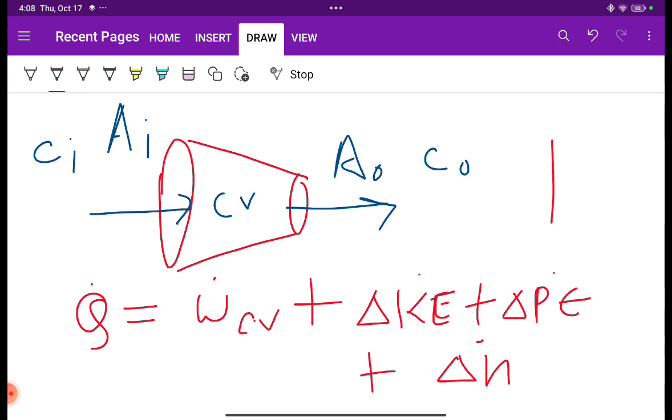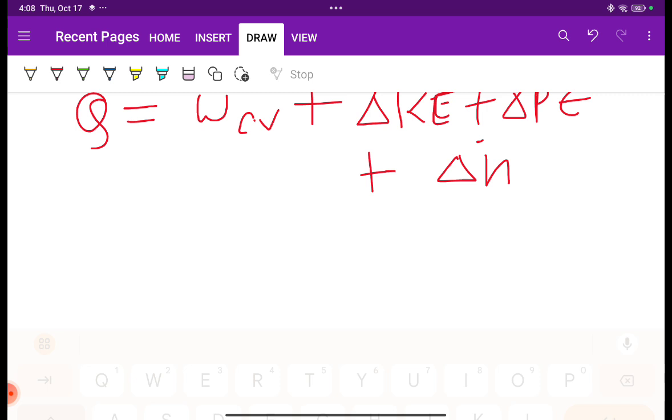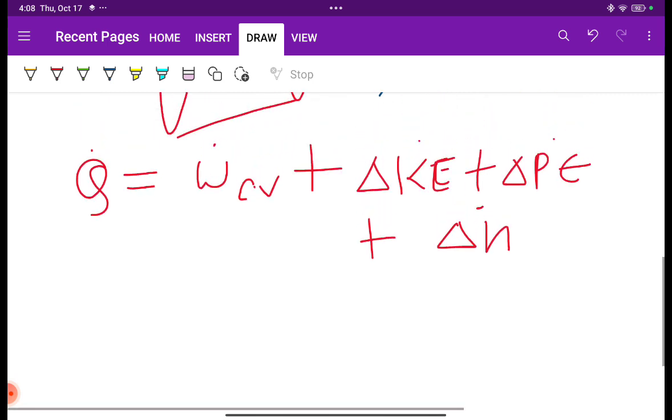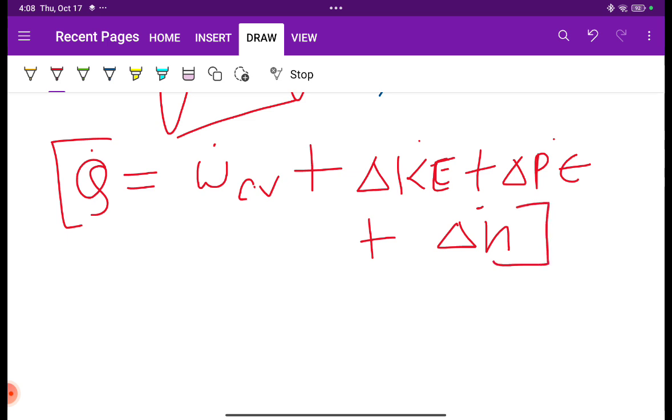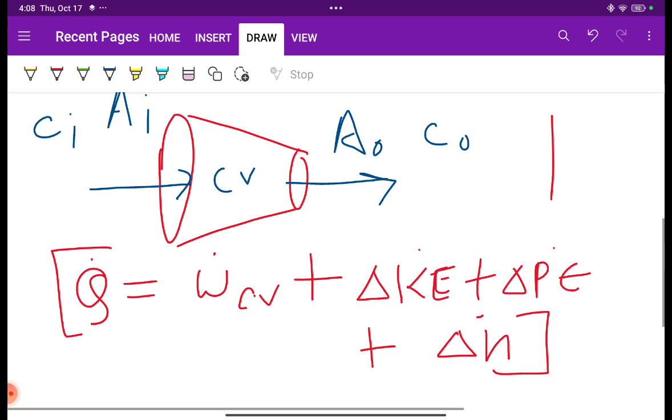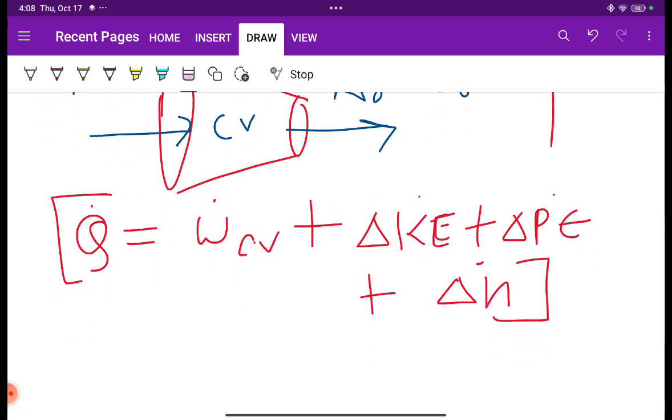In the case of our general formula, we had taken another example in which we solve it by showing a rotor inside the open system model, which helps to determine the rate of work within the system. But in the case of the nozzle, there is no rate of work within the system, so we consider it as 0.